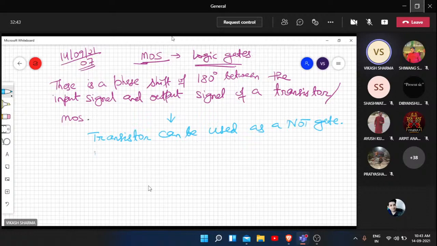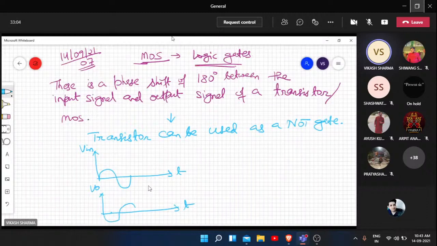It means that if this is my input signal, then this will be my output signal. And that is what we need.